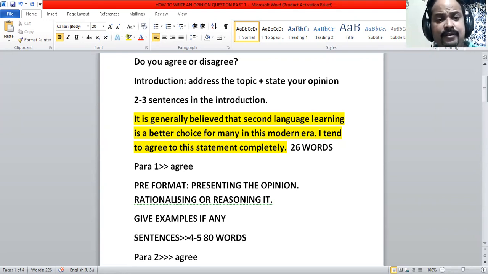Some students, instead of 30 words or 26 words, will be going out with 60 words in the introduction. Naturally, it is illogical and unacceptable, and examiners don't like it at all.